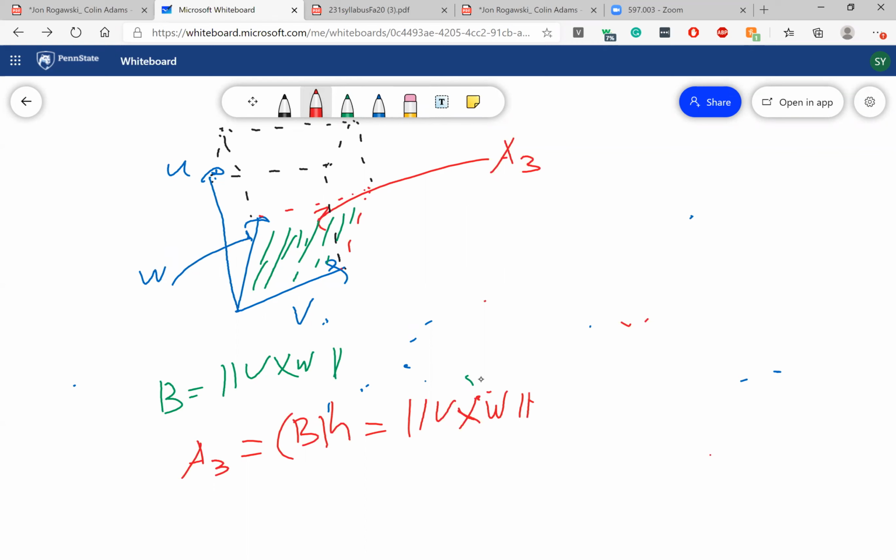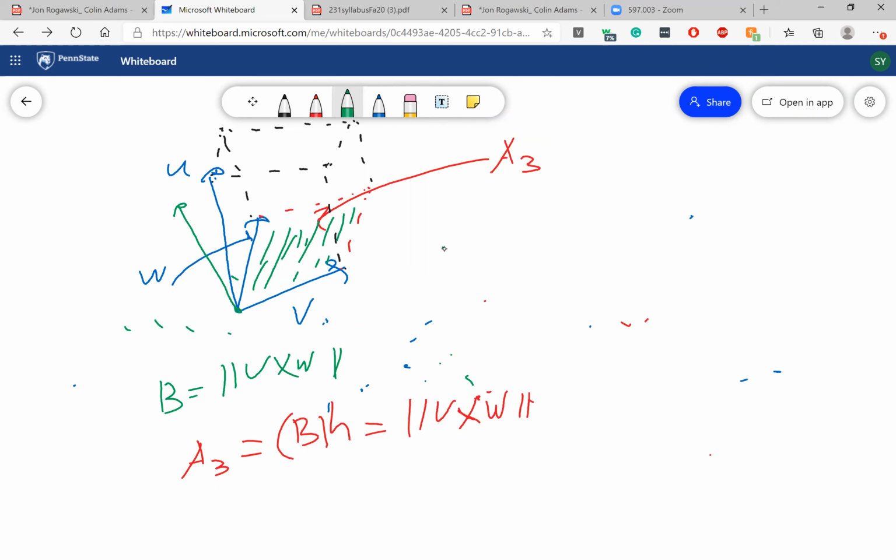Okay, so now we can look at the cross product of V and W. So that's this vector over here. If you think about it, it's pointing directly out. Again, it's orthogonal to both V and W. Let's imagine that V and W are in some big plane, and this vector points directly out of that plane.